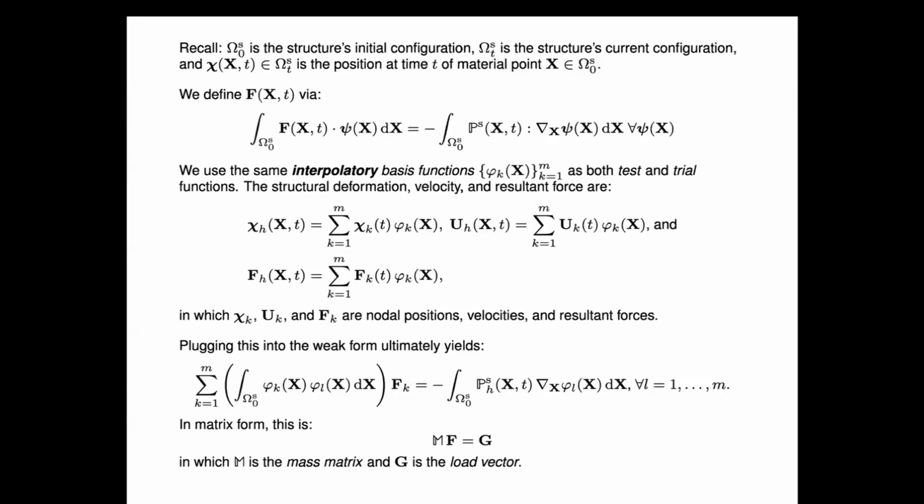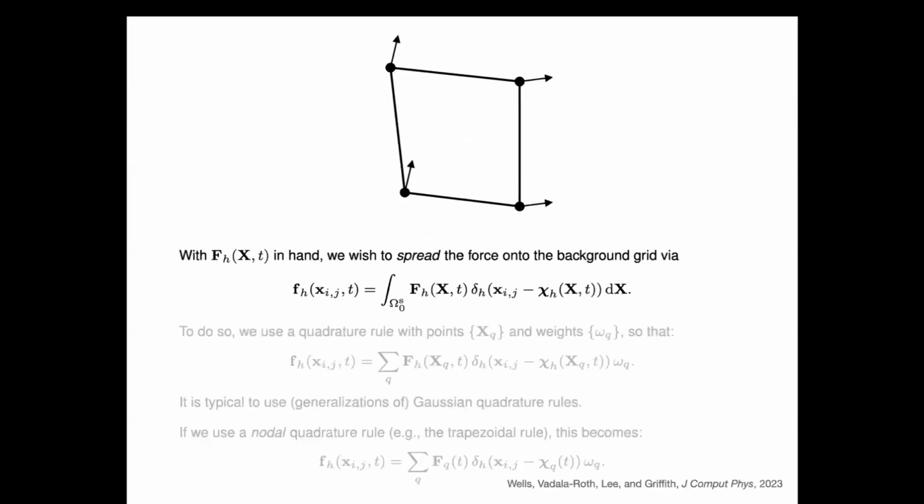On the right-hand side, you have integrals of the stresses, which you evaluate in terms of the spatial derivatives of the deformation, times the derivatives of the shape functions. This is commonly called a load vector. So to evaluate the Lagrangian forces, you need to solve a mass matrix system where on the right-hand side you're computing stresses multiplied by gradients of shape functions. Okay. So you can solve that, and you get forces at the nodes.